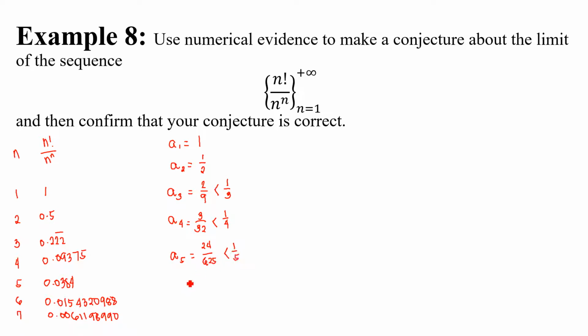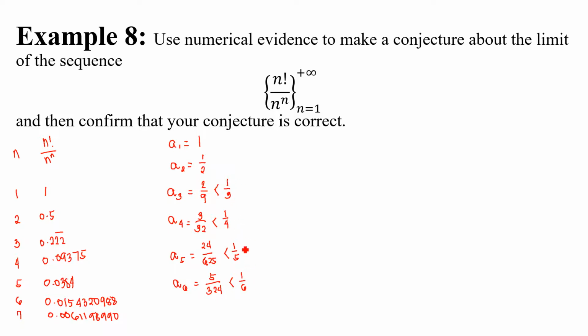Then our sixth term is equal to 5 over 324, which is less than 1 over 6. As we can see here, the next terms are actually less than these terms.